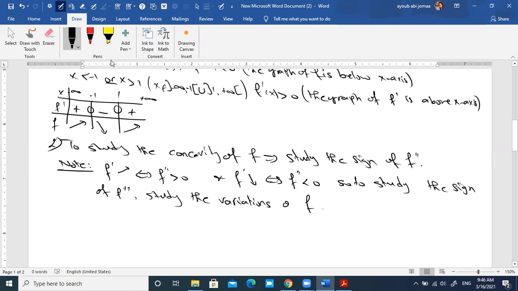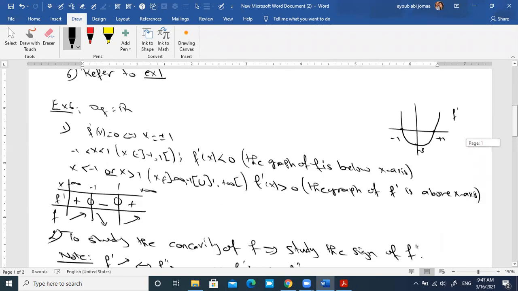In order to study the sign of f double prime, it is enough to study the variations of f prime. Okay? The variations of f prime determine the sign of f double prime.